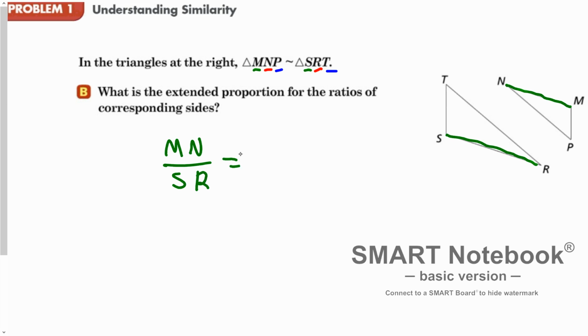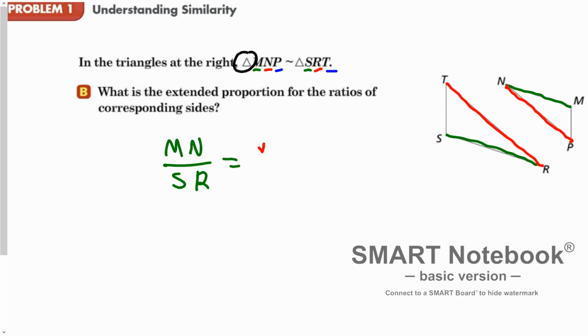Okay, and now since I started with MN, this triangle I had on top, then the next side also has to be on top. So NP has to go with RT, same order too.